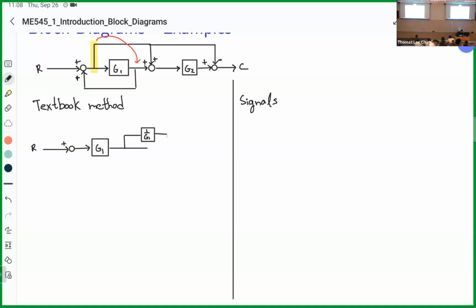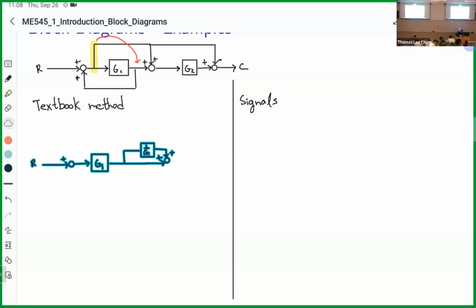But I still have this feed forward signal as well. And this feed forward signal also does not have G1 in it. But now that G1 is in it, I also have to divide it by G1, so 1 over G1.